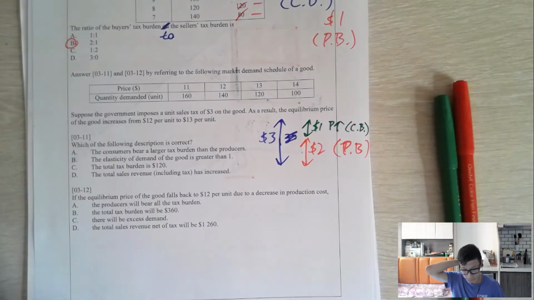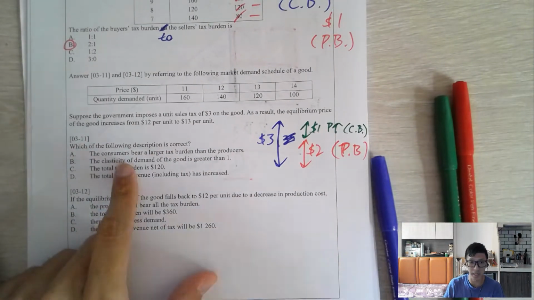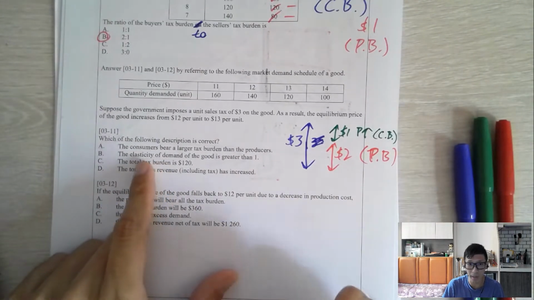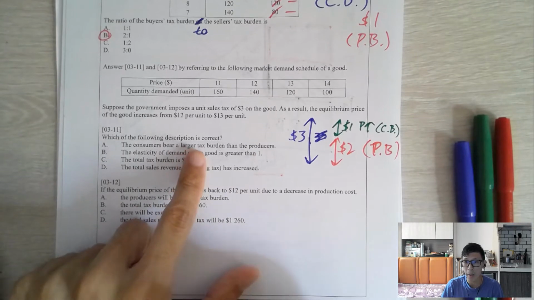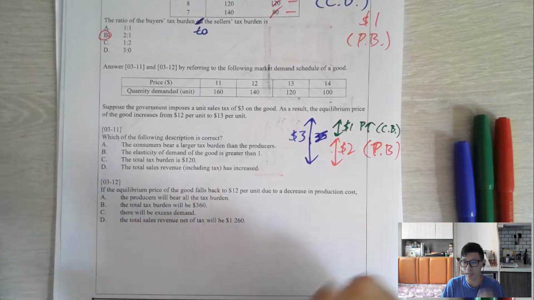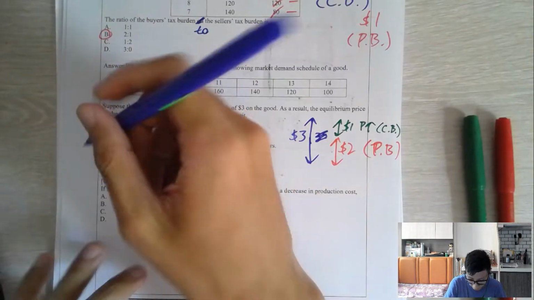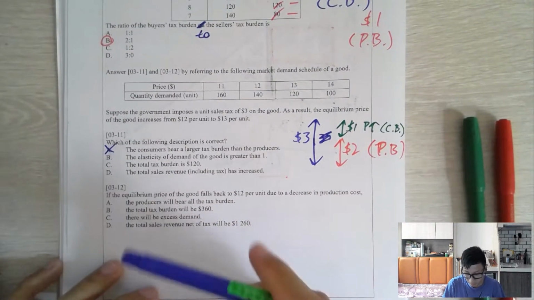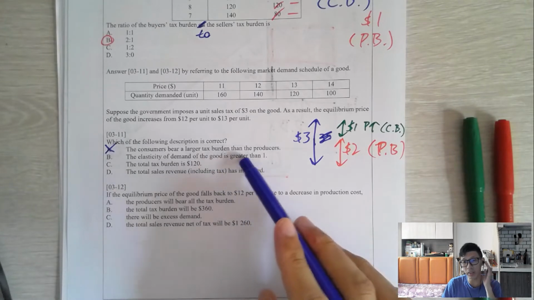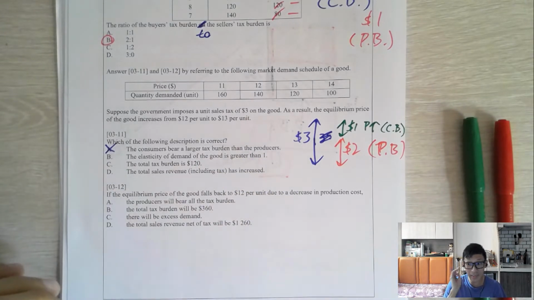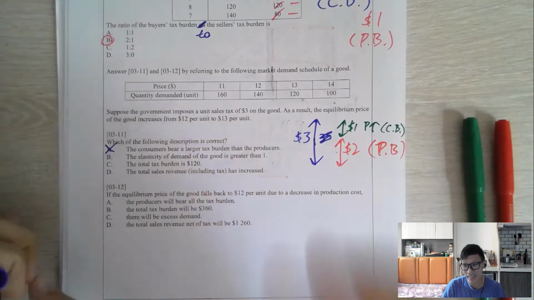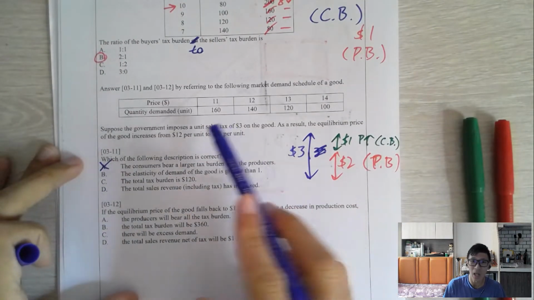Okay, 得唔得？So let's see. Which of the following descriptions is correct? Okay, 好嘛？好啦，consumer bear larger tax burden. No, 1 to 2，佢應該細啲喎。Okay, so not correct. Okay，好啦，第二個啦，elasticity greater than 1. How do you calculate? 喂，點計啊？Actually, you can calculate, right?